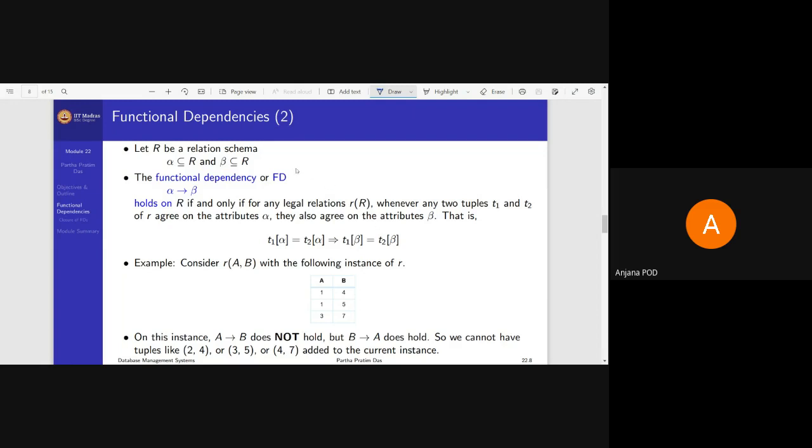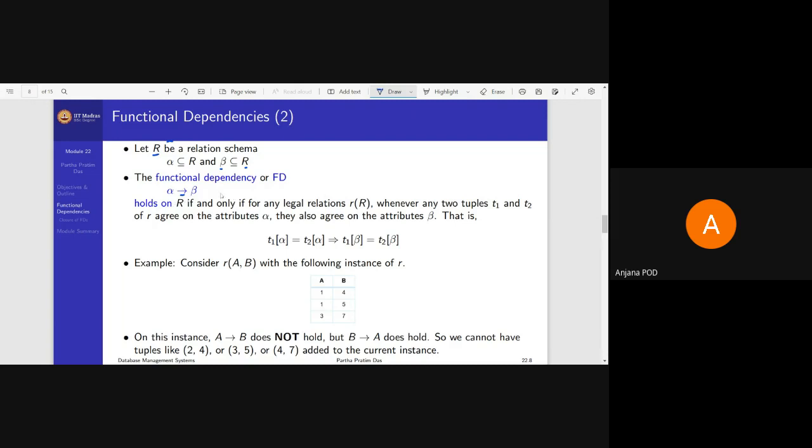By definition, in a relational schema R, alpha and beta are subsets of R, and the functional dependency alpha determines beta holds on R. To say that alpha functionally determines beta, we use this arrow and write alpha determines beta.